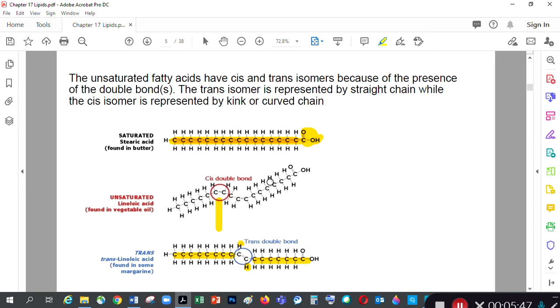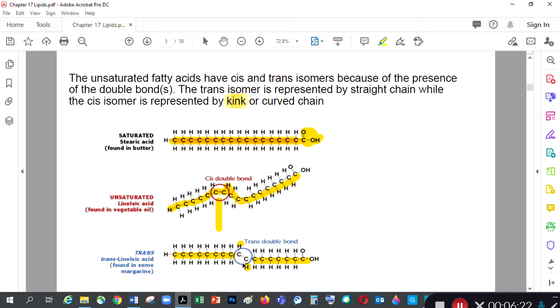The unique thing about the cis monounsaturated fatty acid is that it has a kink. It goes up here and then goes down like this. The kink here will lead to instability because this molecule cannot stack in layers. This one is just a straight chain.